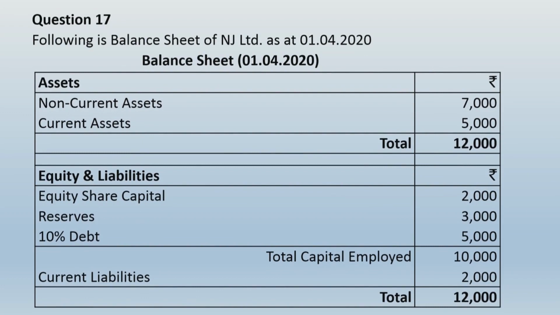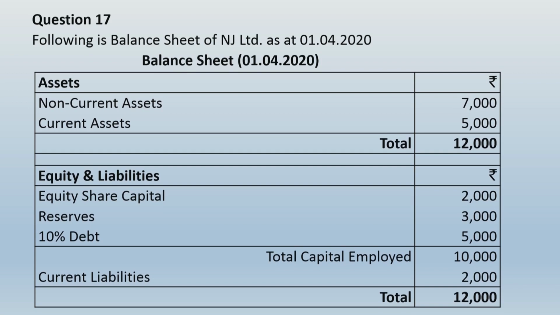Following is the balance sheet of NJ Limited as at 1/4/2020. So balance sheet given at 1/4/2020. You have been given non-current assets and current assets, 7,000 and 5,000, totaling to rupees 12,000. Then you have equity and liabilities.